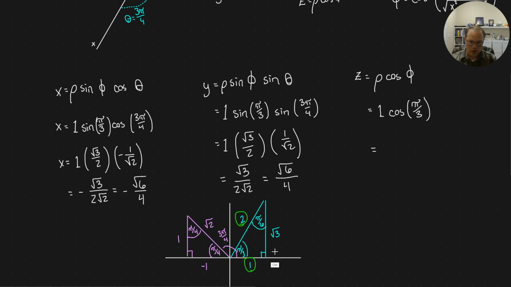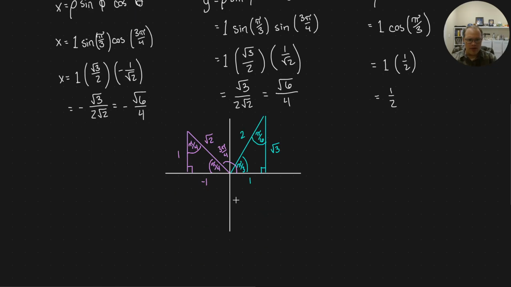That's 1 over 2. One times a half is just a half. We have our x, we have our y, we have our z. We put them together. We have the same point, but written in rectangular coordinates. The x is negative root 6 over 4. The y is positive root 6 over 4. And the z is 1/2.